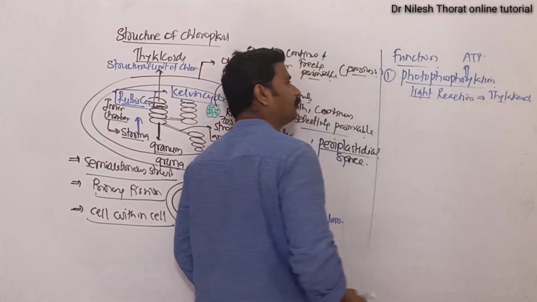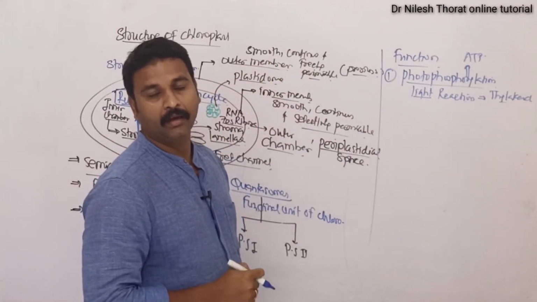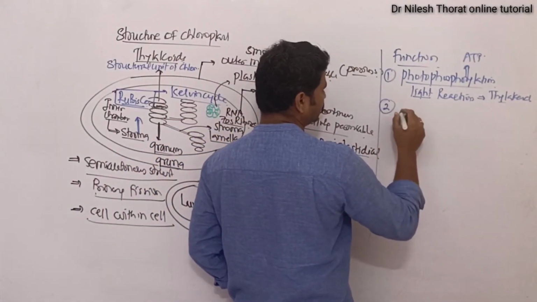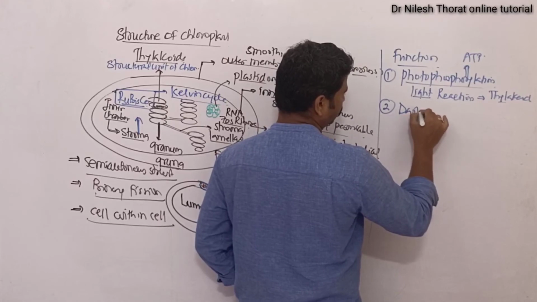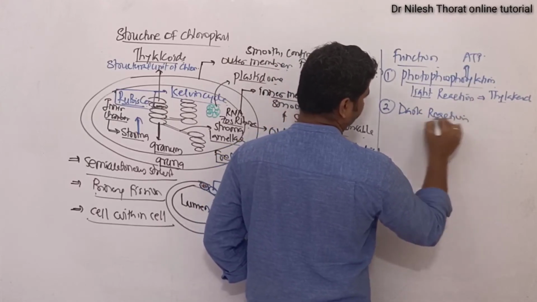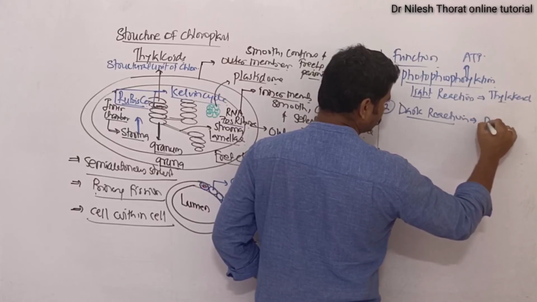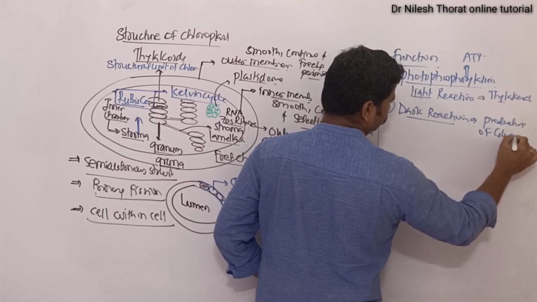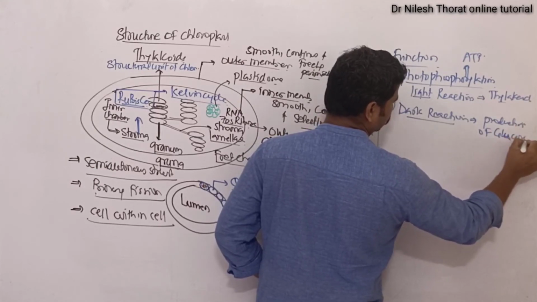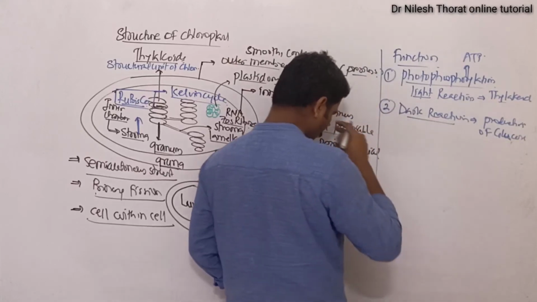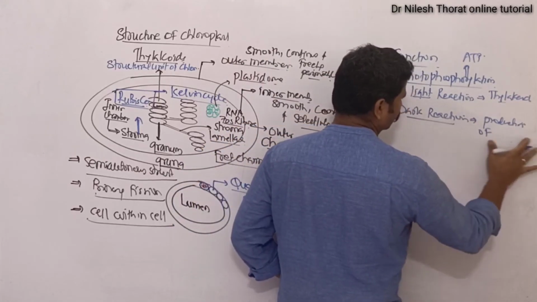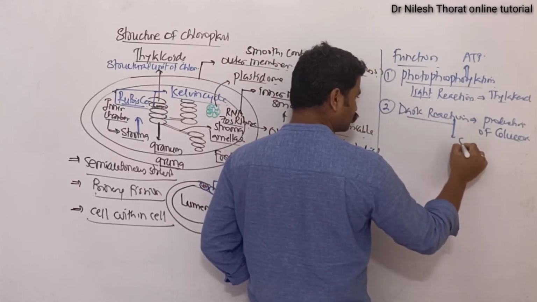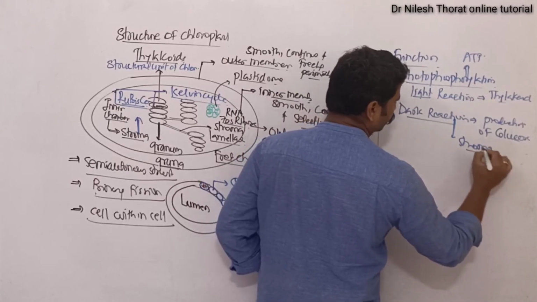So the first function of chloroplast is production of ATP by the process of photophosphorylation. Then the second function of chloroplast is dark reaction, that is production of glucose, which takes place in the stroma of chloroplast.